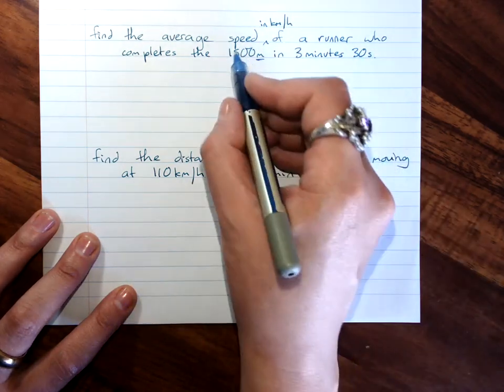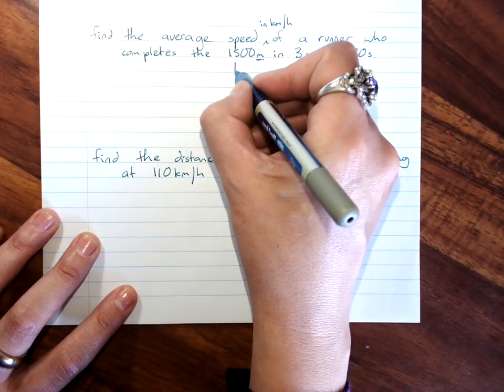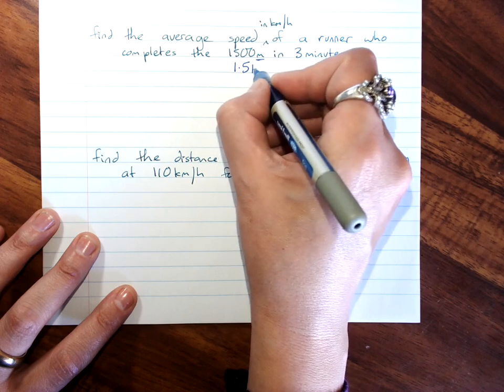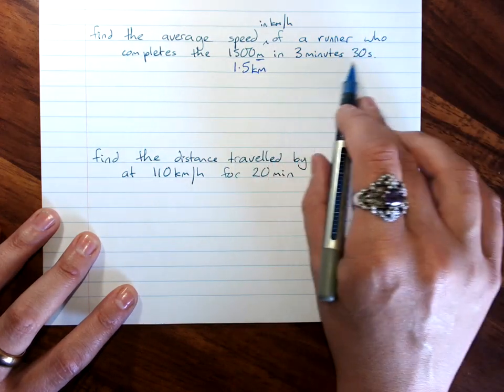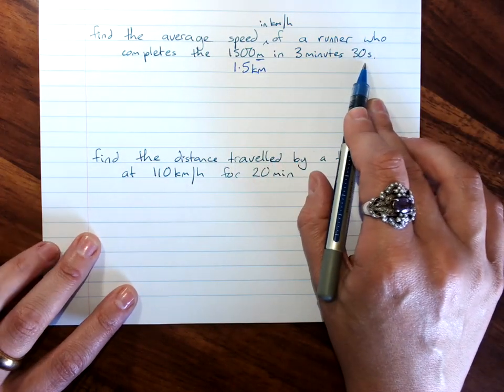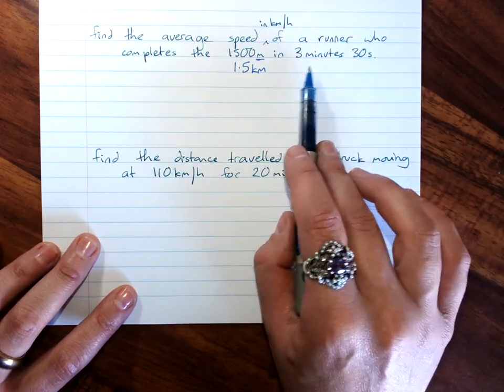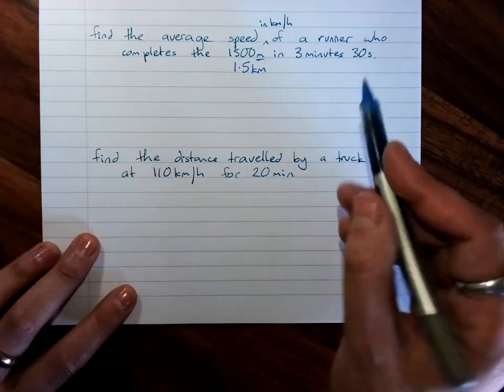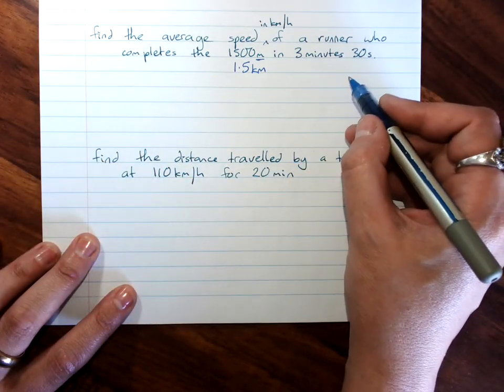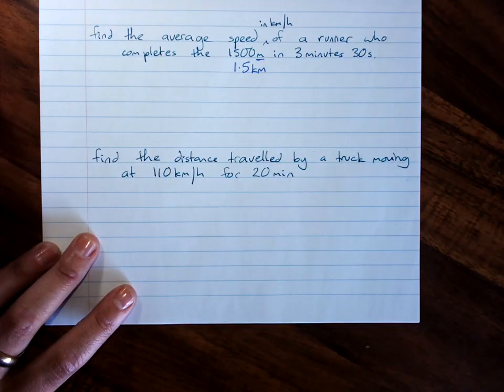So let's just convert these. 1500 metres, 1.5 kilometres, 3 minutes 30 seconds. 30 seconds is half a minute, so it's 3.5 minutes. To change minutes to hours, divide by 60.